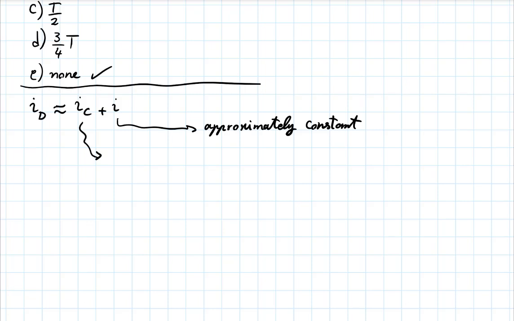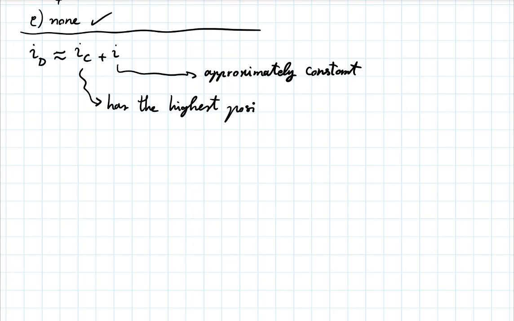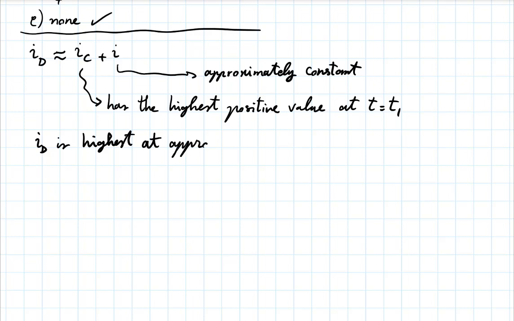IC has the highest positive value at t equals t1. And so ID is highest at approximately t equals t1.